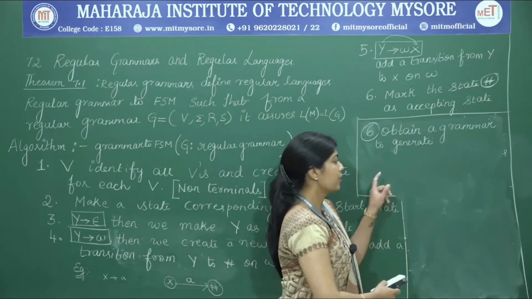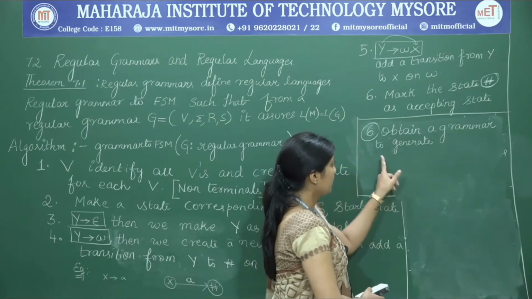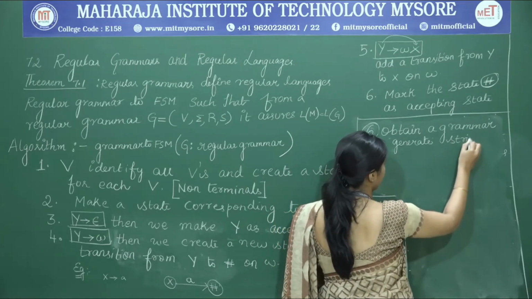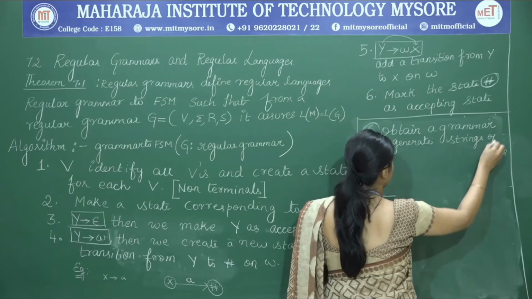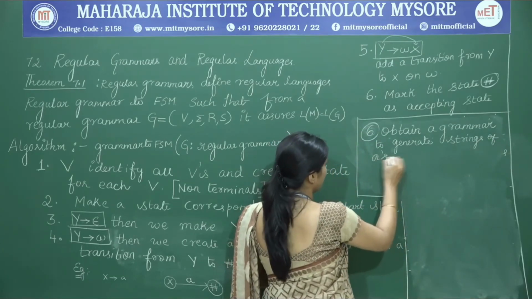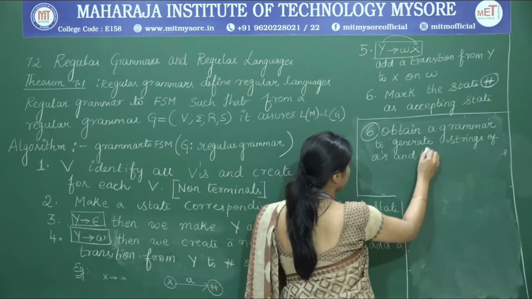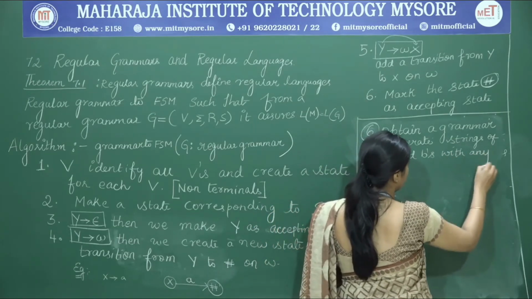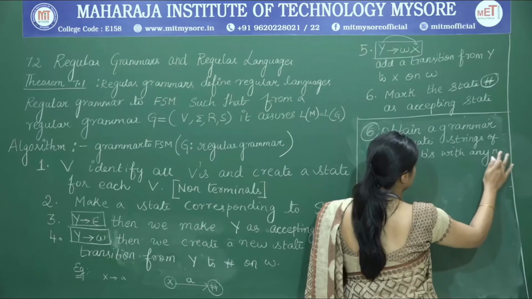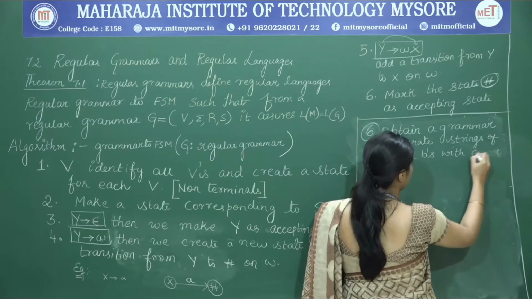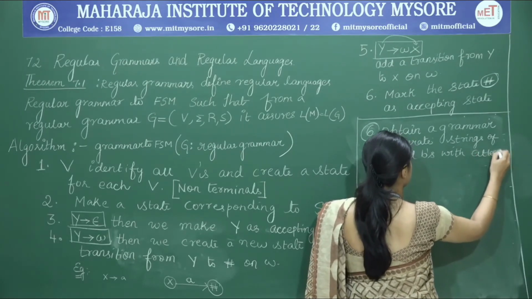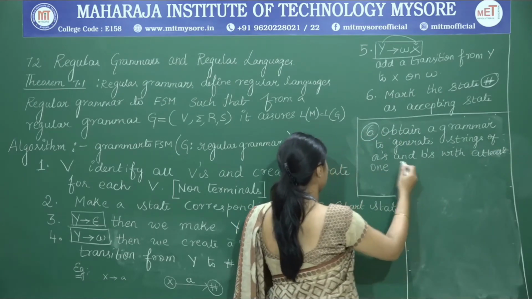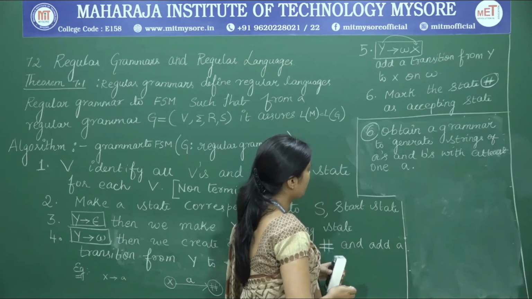Next we look at the sixth problem. Obtain a grammar to generate strings of A's and B's with at least one A. So, this is the problem statement.